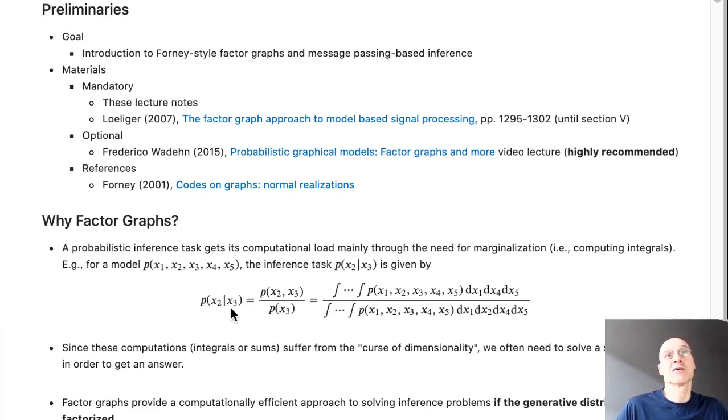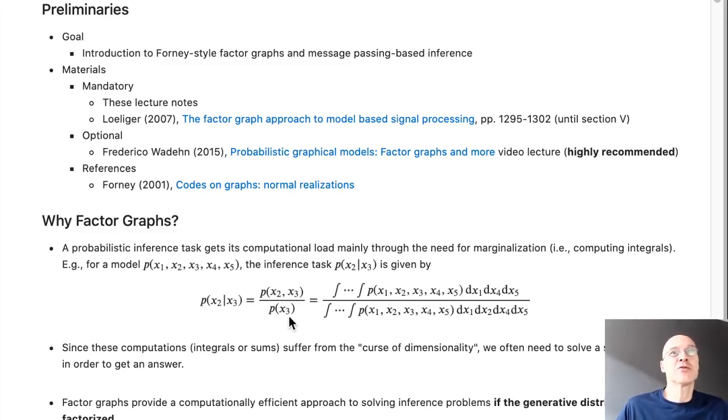For instance, according to the product rule, this is P of x2, x3 divided by P of x3. And according to the sum rule, I can compute P of x2, x3 by taking the original joint probability distribution over all my variables and using marginalization, so integrating out all the variables that I'm not interested in, in this case x1, x4, x5.